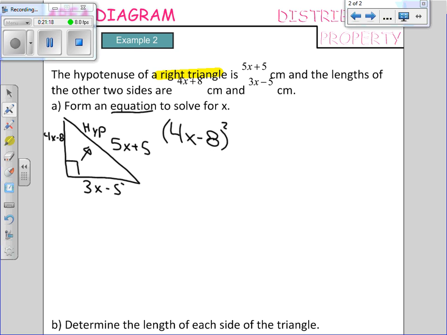Your c has to be your hypotenuse. Absolutely has to be. Your a and your b can be either side. It's 4x minus 8. That's where we're headed here, y'all. That's your a squared plus your b squared, 3x minus 5, and that's equal to your c squared, which is 5x plus 5.